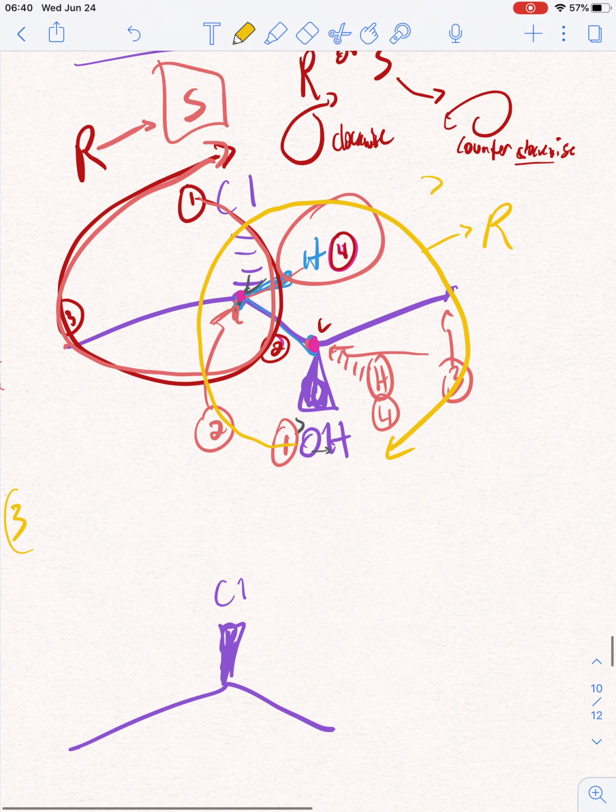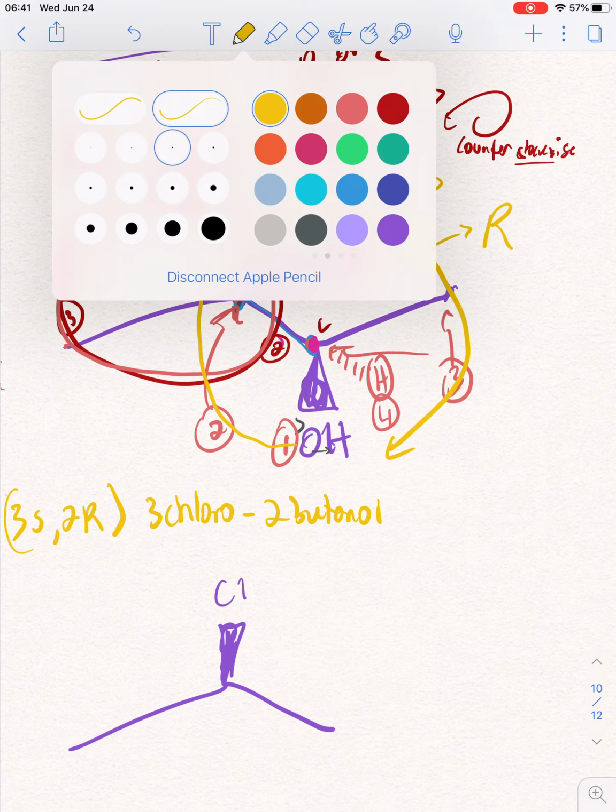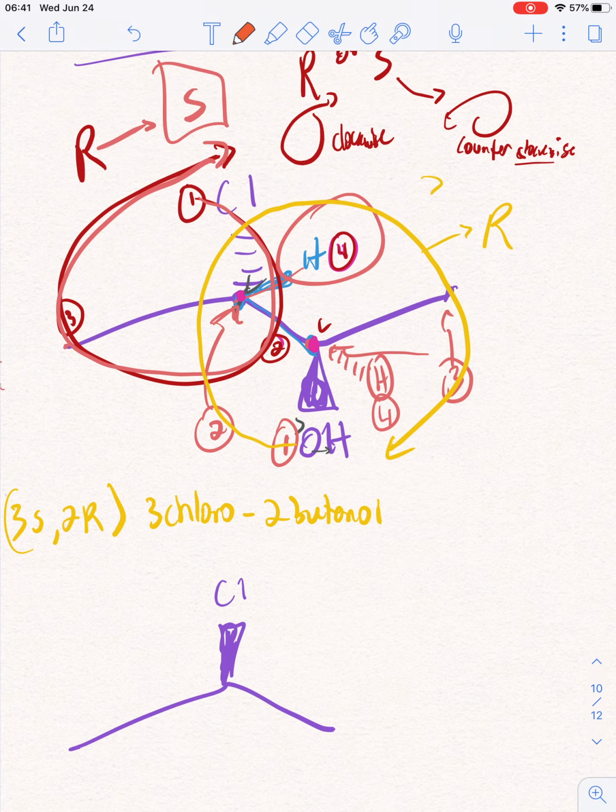Okay, 3S, 2R, 3-chloro, 2-butanol. Okay, I'm sorry. Sometimes I'm just rusty.